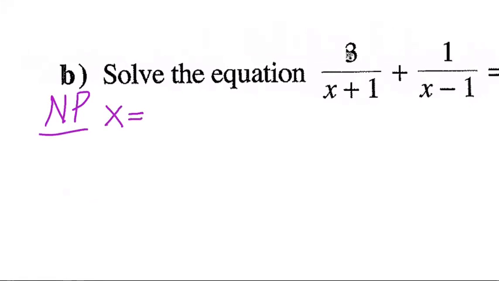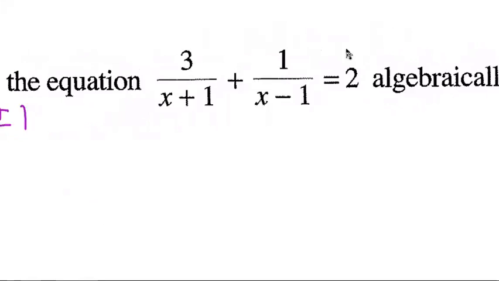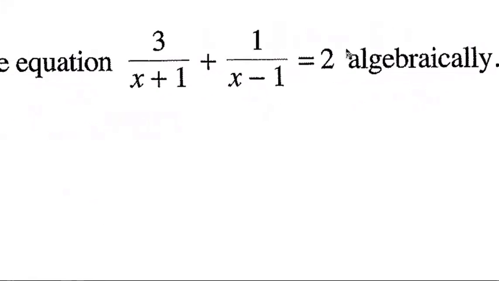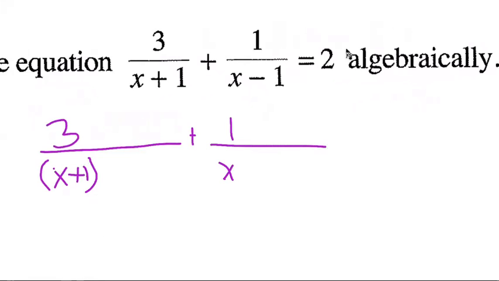X cannot equal plus or minus 1. Now, realize that your common denominator is going to be x plus 1, x minus 1. So I'm going to write 3 over x plus 1, because that was already there, plus 1 over x minus 1, equals 2, and that was over 1.